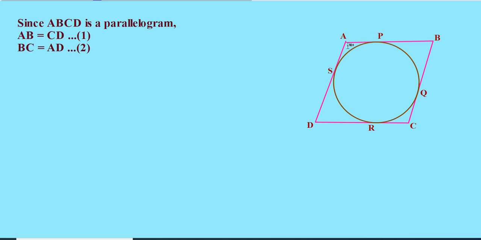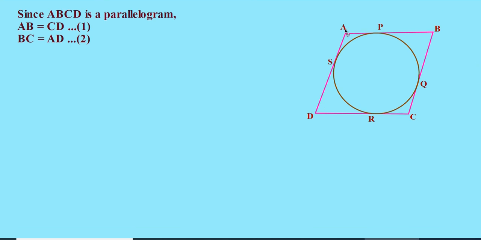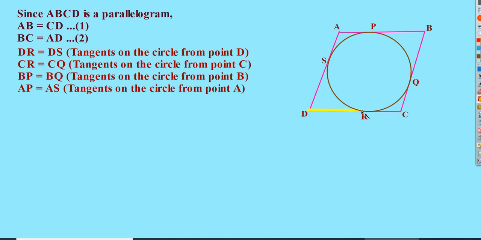Now take the vertex A. From A, AP and AS are the tangents from an external point. Similarly from B, BP and BQ, from C, CQ and CR, and from D, DR and DS. So we can write DR is equal to DS, tangents from point D. Then CR is equal to CQ.